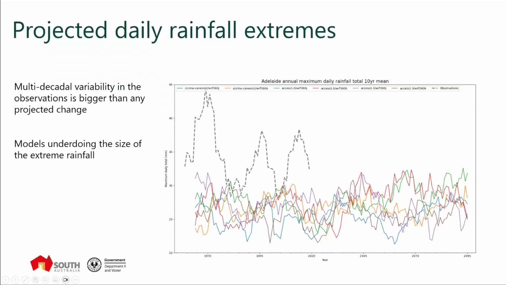And that's probably because the models are underdoing the oceanic variability around Australia. But there's not really any particularly clear, strong trend showing up. There's a slight signal for some intensification of rainfall with this measure.